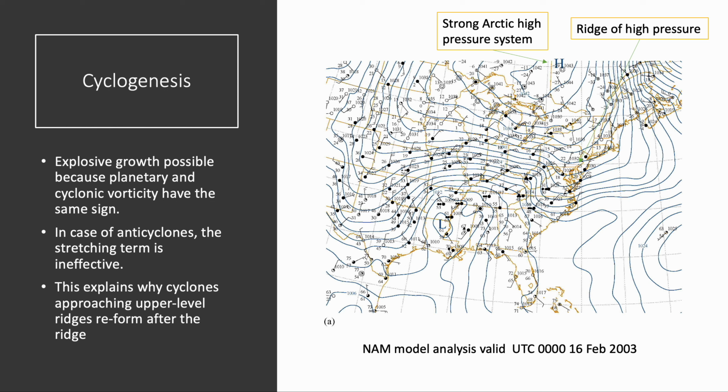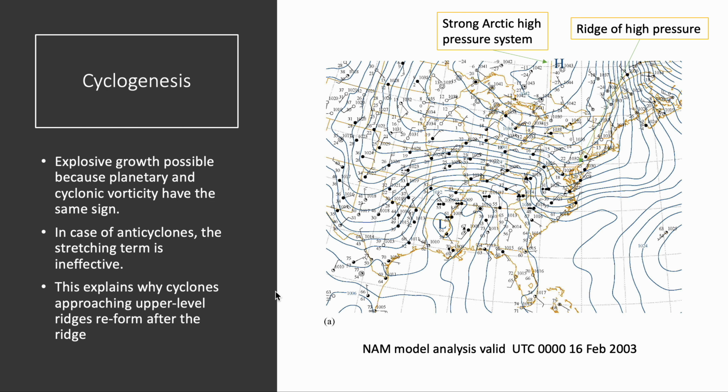And notice that this mechanism is not particularly effective for anticyclones, because for anticyclones, the relative vorticity and the planetary vorticity have opposing signs. And so in that case, it's not good. And so we can see an example here, for example, where we have this low pressure system, this cyclone essentially, that is advancing to the right. And here we have a high pressure system to the north.